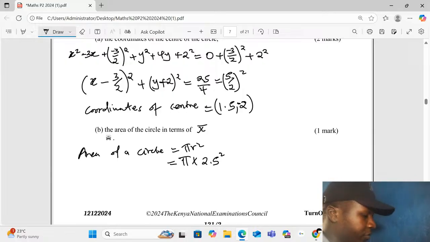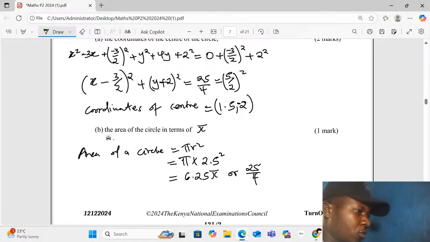So when you square this one, 2.5, you're going to get 6.25. Remember, your answer should be in terms of pi, therefore you should never replace pi. So you have 6.25 pi, that is the same as 25 over 4 pi.